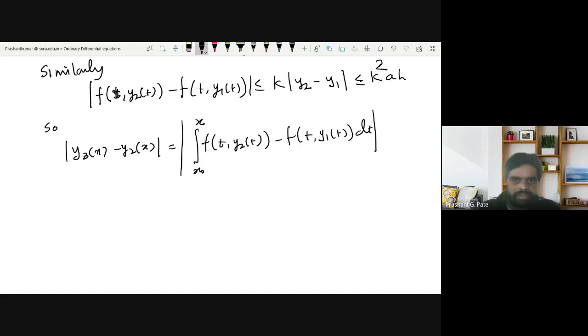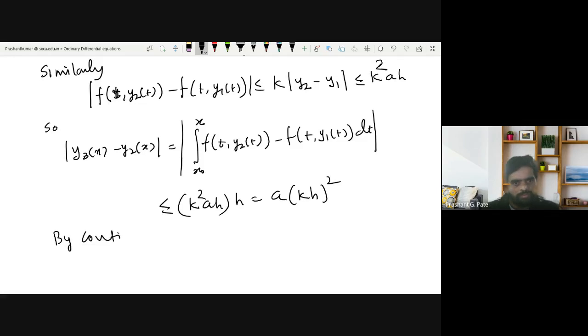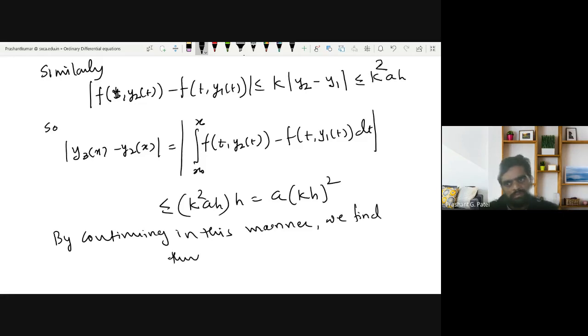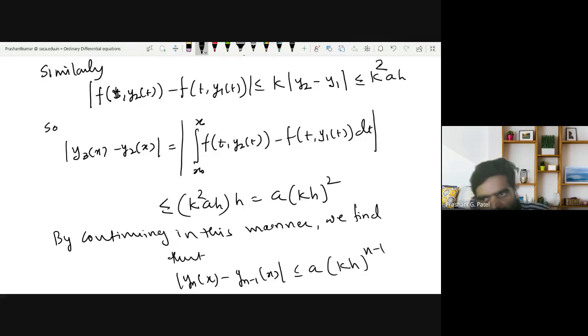But again with the same argument we can say that this is less than or equal to k square ah into h, so that is a into kh whole square, and continuing in this manner, or by mathematical induction one can also prove that we find that mod of yn of x minus yn minus 1 of x is less than or equal to a into kh whole raised to n minus 1 for every n running from 1 up to and so on.